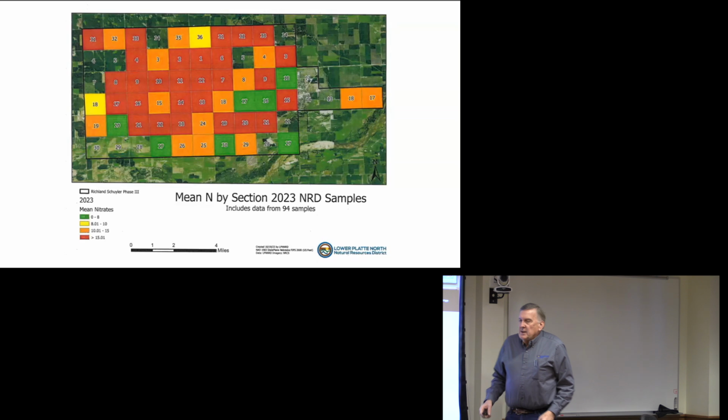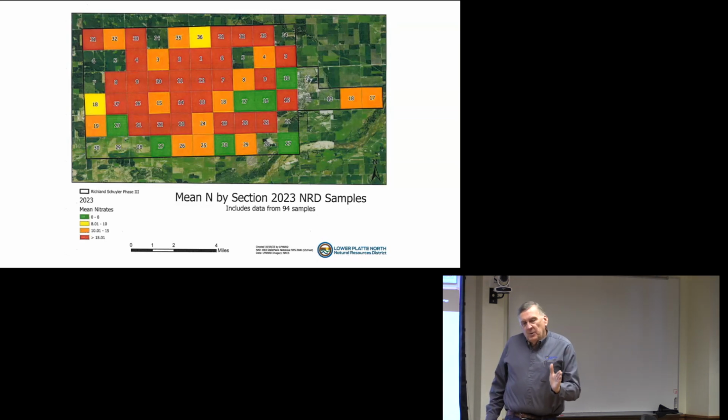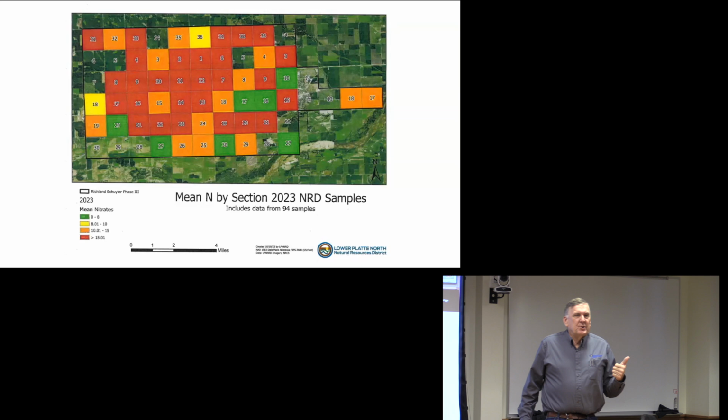Phase 2, we trigger at 8 parts per million. So from 8 to 10, if the nitrate averages over 8 parts per million, up to the 10, then we set new rules. Those rules would be reporting their nitrogen use to the NRD, and they would have to soil sample their fields and put on a recommended amount.